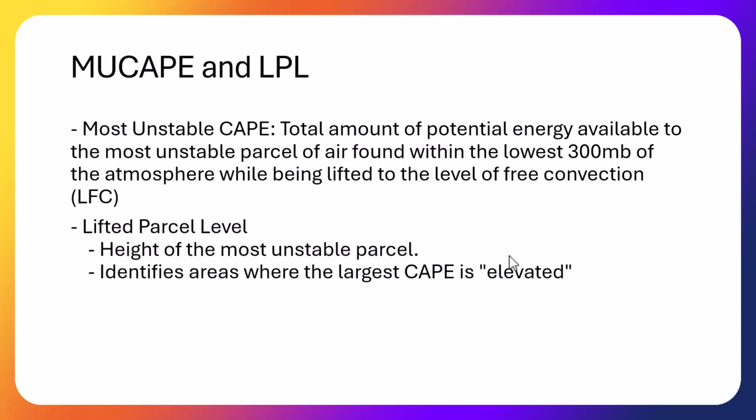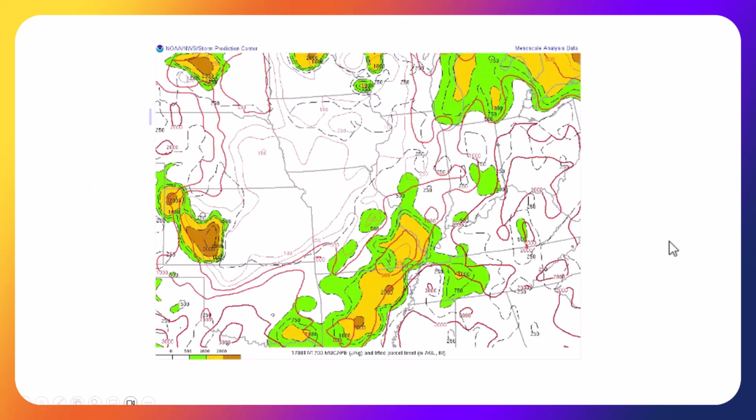It identifies areas where the largest CAPE is elevated. And here's an example of that. You can see our CAPE in the yellows and oranges, and then our lifted parcel level in the red lines. Just what that map looks like.